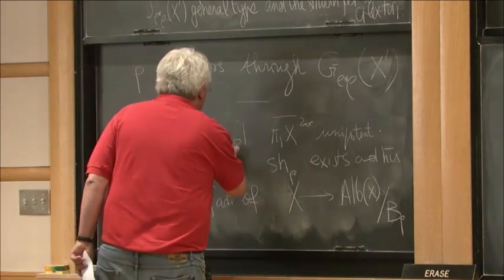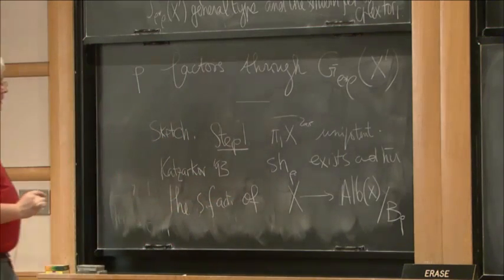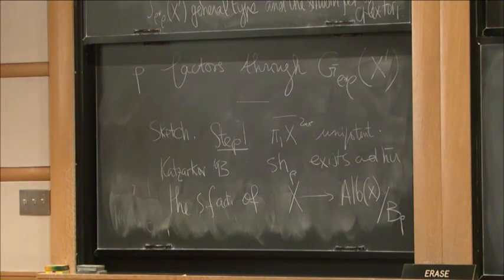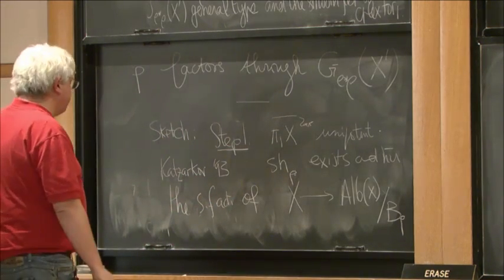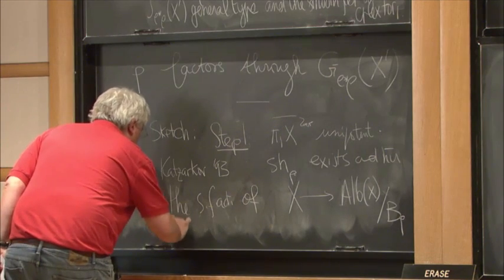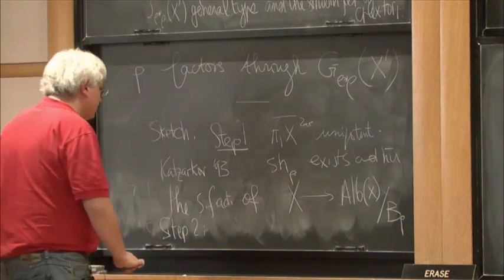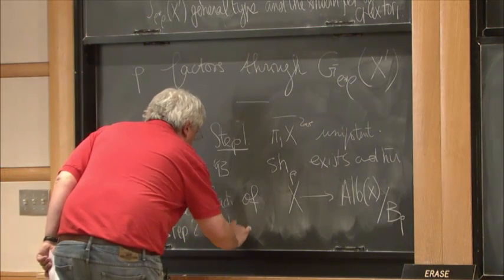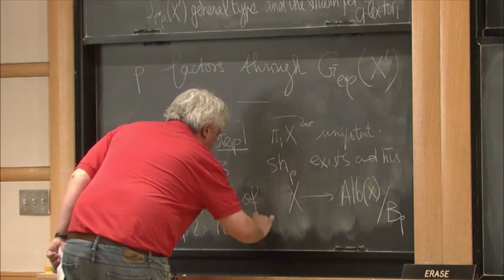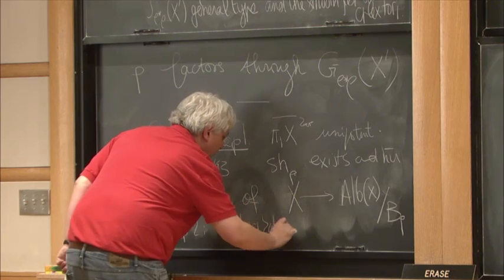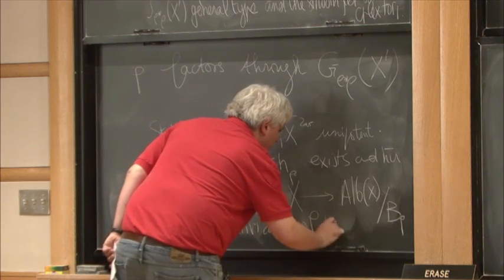So this is okay, I don't want to explain that. And since I don't have a lot of time, I will be very sketchy about step 2. And I will just say that it is a relativization of Katsarkov argument.